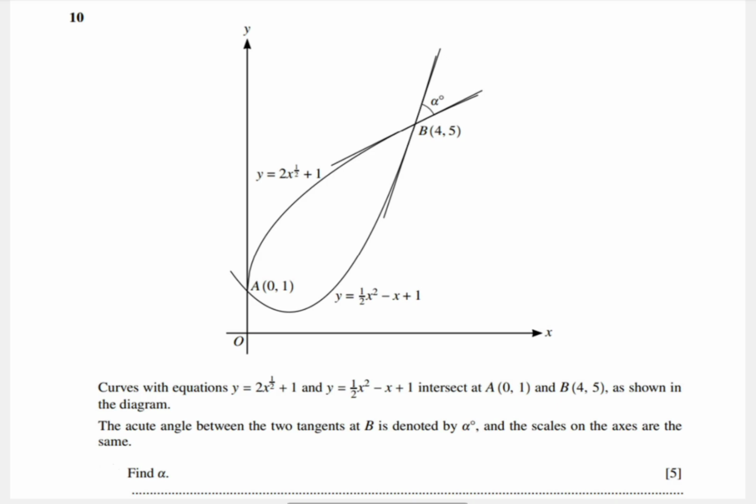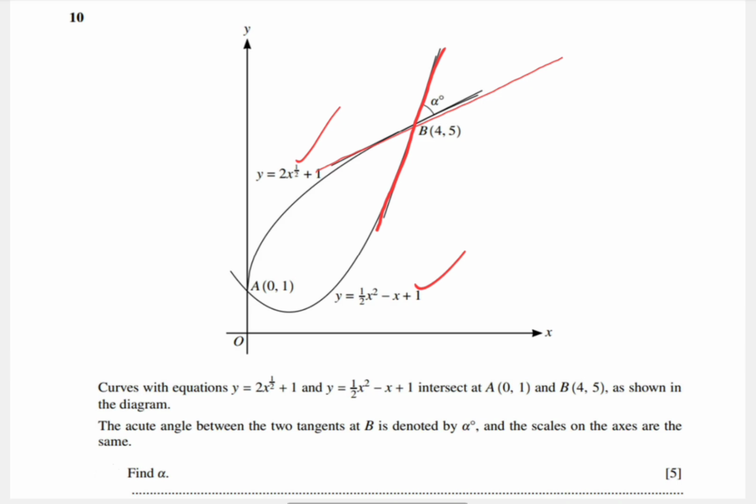Right? So for this question, we see that we have two lines. We have this line, which is a tangent to this curve, and we also have this, which is a tangent to this curve.